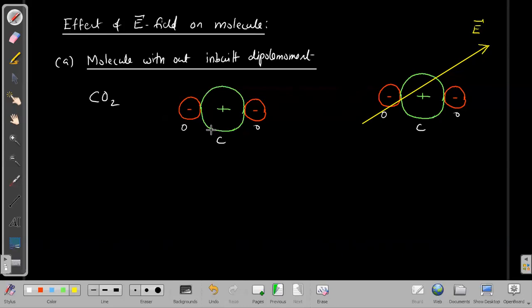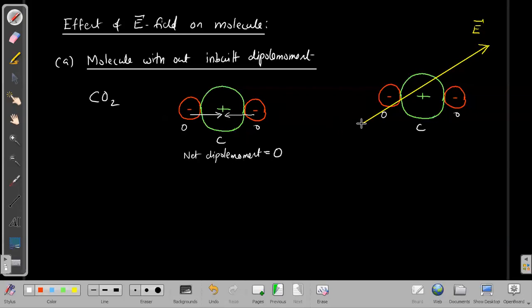Why do we say that there is no inbuilt dipole moment? Because there are two charge separations, negative to positive in this direction. Here the dipole moment is towards the right, and here the dipole moment is towards the left, and they cancel each other, so the net dipole moment is 0. Remember, dipole moment is a vector quantity, so opposite dipole moments cancel.